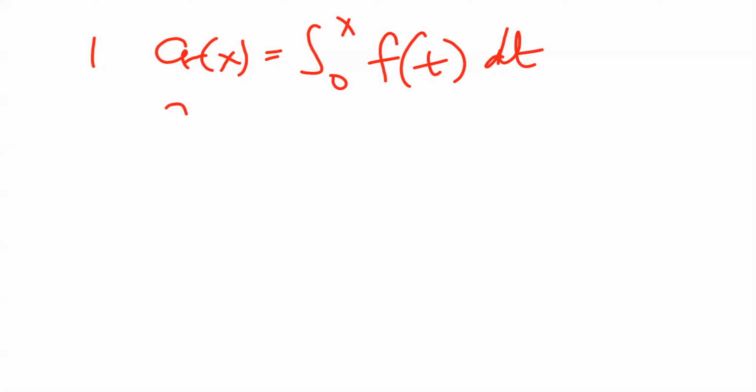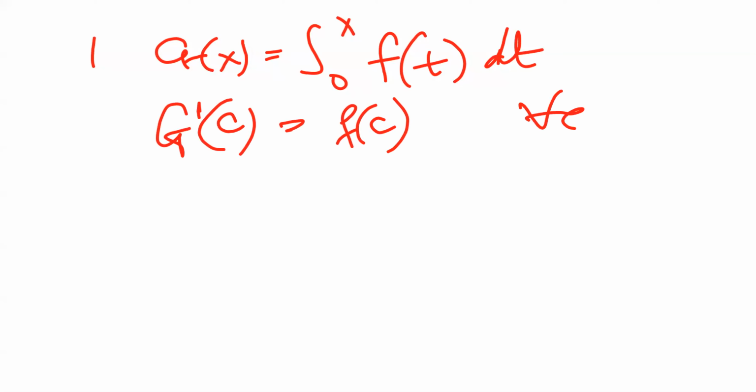You want to prove that G prime x is F x. But since we use the variable x somewhere else, let me prove that G prime at the point c is equal to F of c for all c between a and b. This is the same as G prime x equal to F x, because x is just the point where you evaluate things. It is not important at all whether you call it x or c.